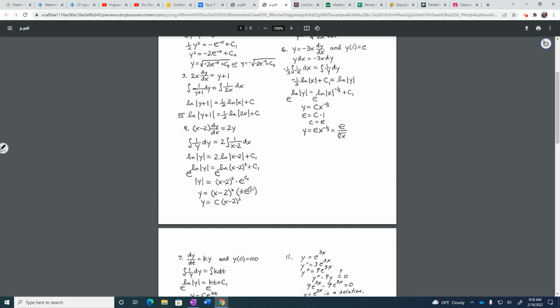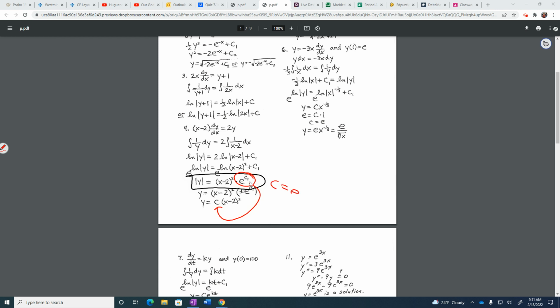Okay, so a little bit confusing. On number 4, this is kind of how you might have left the answer, just sort of like this, e to the c1, or you probably just write e to the c. But what we did in this solution is instead of calling this e to the c, by calling it e to the c1, we then just call this c.